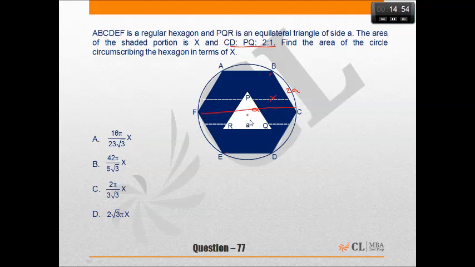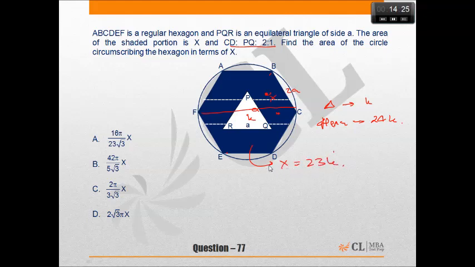So if the triangle area is K, the side is becoming double, so area should become 4 times, 4K. That means the hexagon should be 6 equilateral, 24K. That means the shaded region is 23K. So x is equal to 23K.